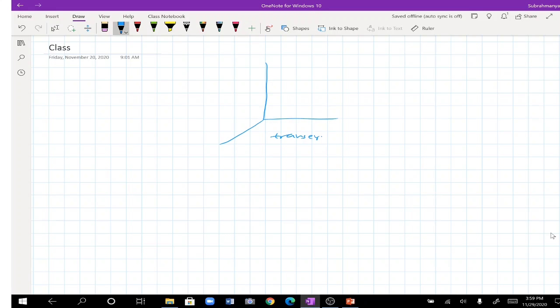One is in the transverse plane, and the other is along the longitudinal axis. The one along the longitudinal axis you could call Mz of t. The other one will be along the xy plane, so Mxy of t.